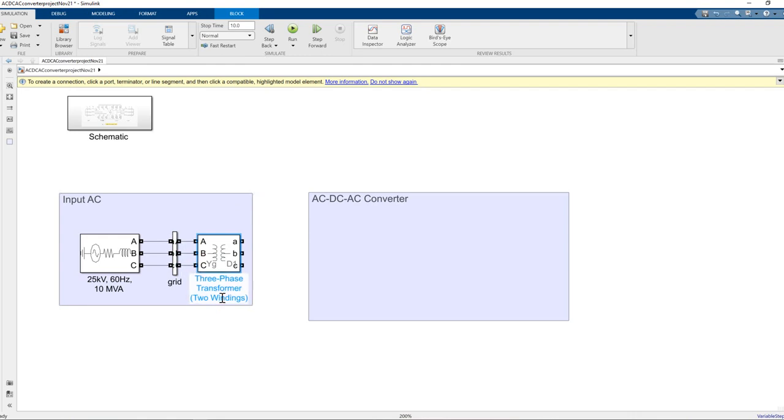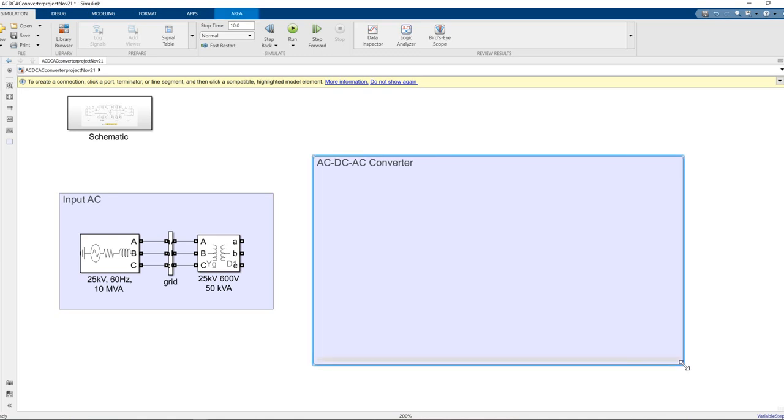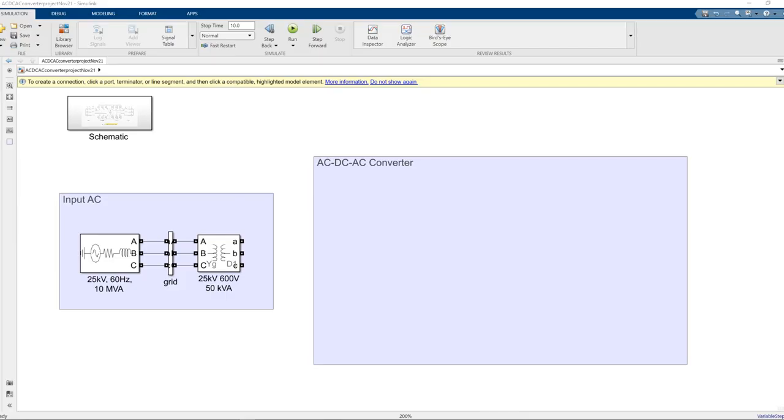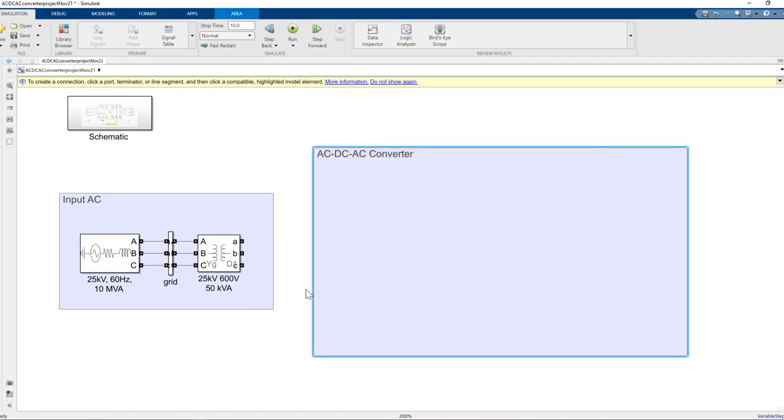And then we can connect it. This one we can change to finish, for example. And the next one we can choose the rectifier. And then the next one we will create the AC/DC/AC converter.